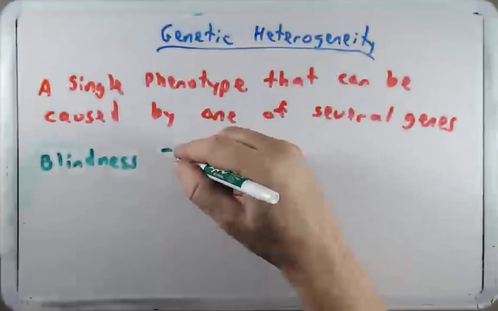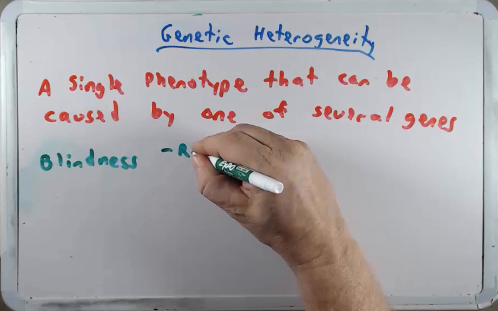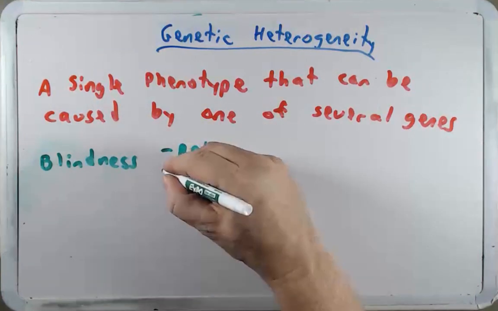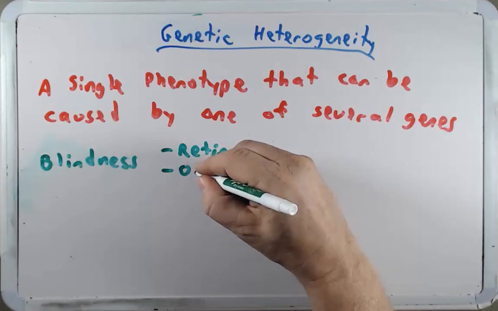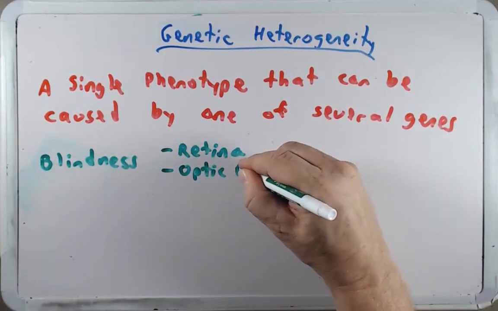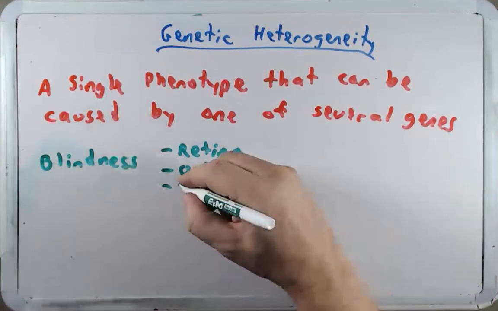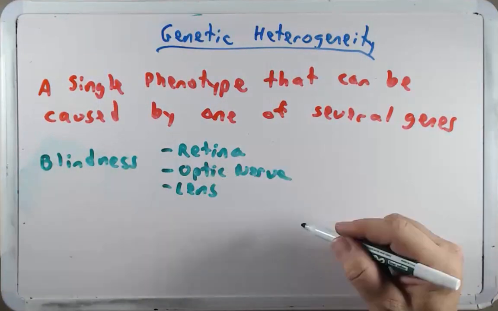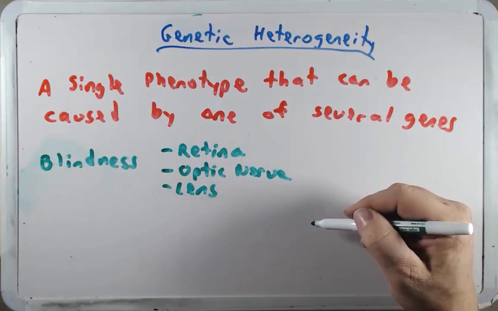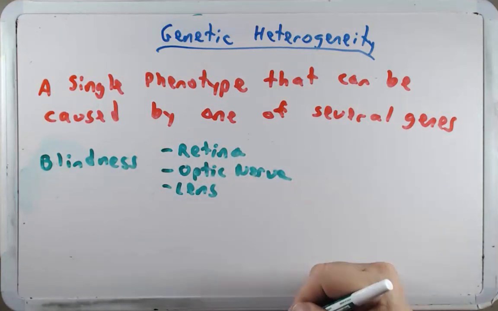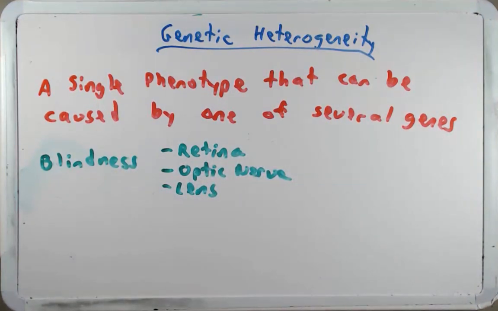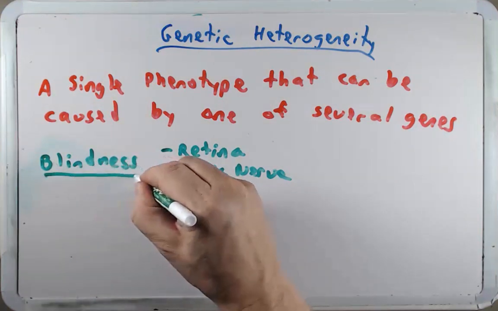For instance, there are many genes associated with a functioning retina. There are genes that are necessary for functioning of the optic nerve. There are genes important in the functioning of the lens. Lots of structures need to be working properly in order to have vision. If any one of these are altered, that can lead to reduced vision or even blindness.